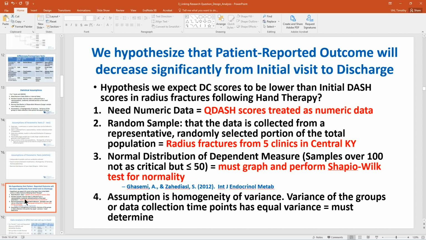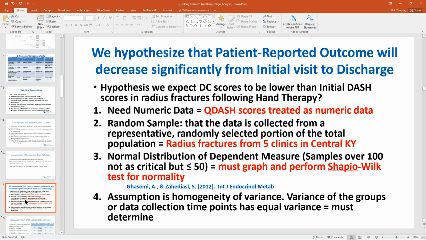We expect discharge scores to be lower than initial scores following a radius fracture, meaning our therapy is effective. So it needs to be numeric data. We get that from our QuickDASH score, which ranges from 100 to 0. The lower the score, the better the function or the less disability they have.